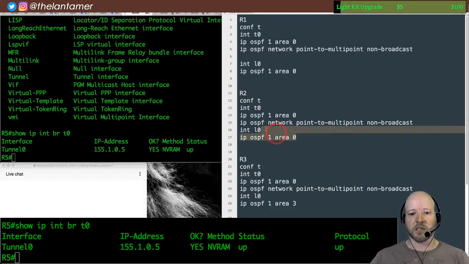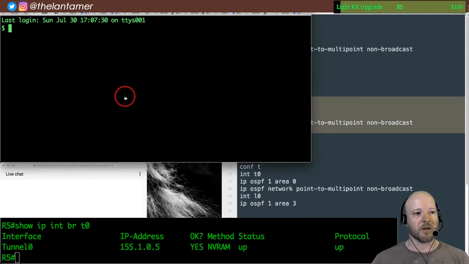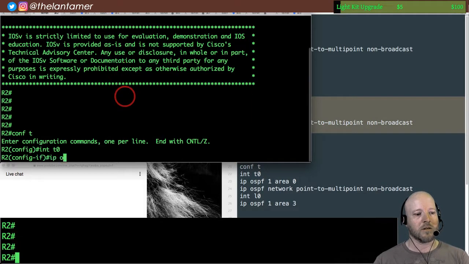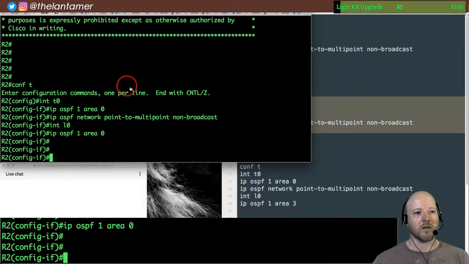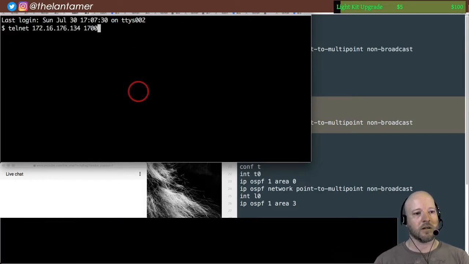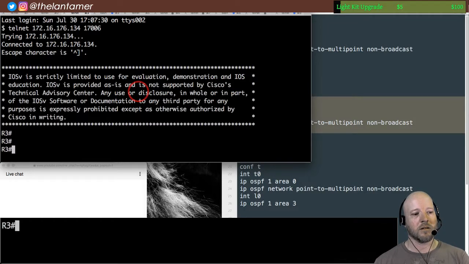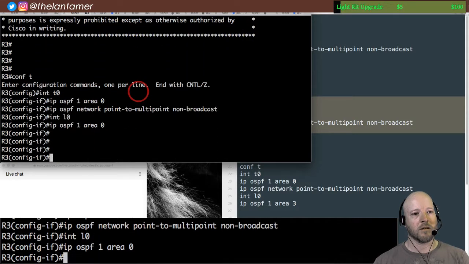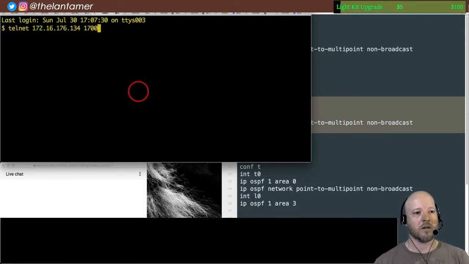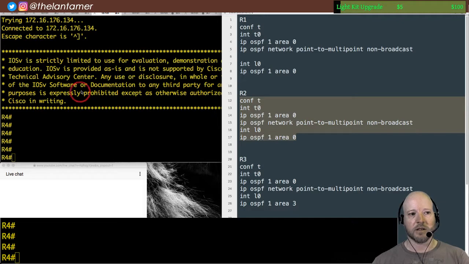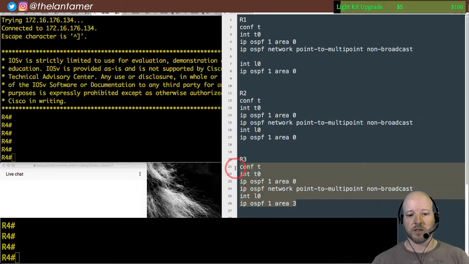So let's apply it and see what happens. Router 2. Router 3. Router 4. Actually, 3 I may have done. I needed to do that differently, didn't I?